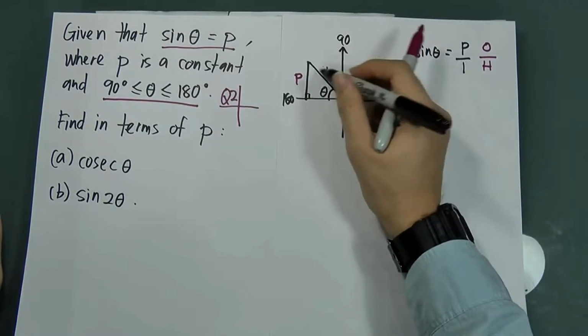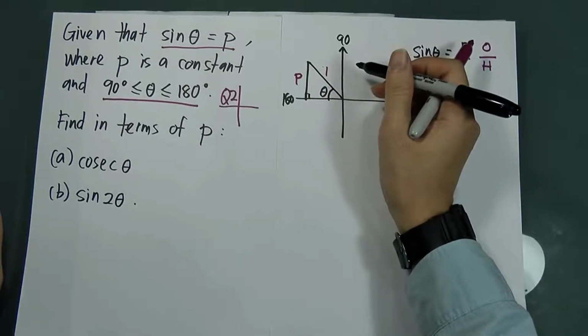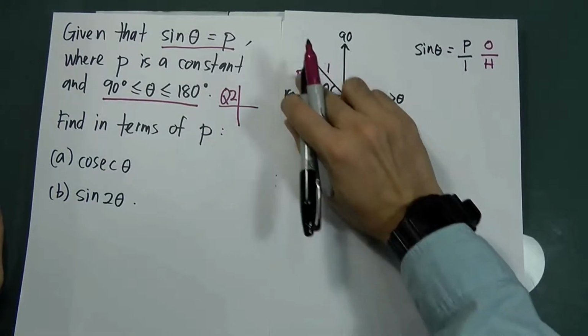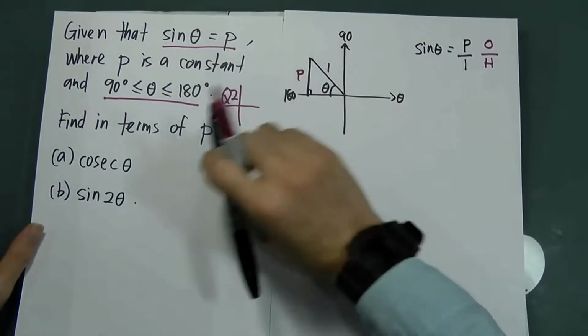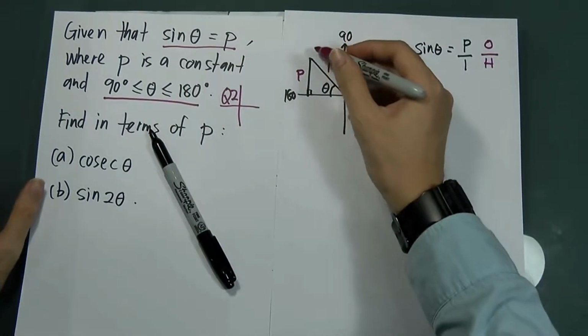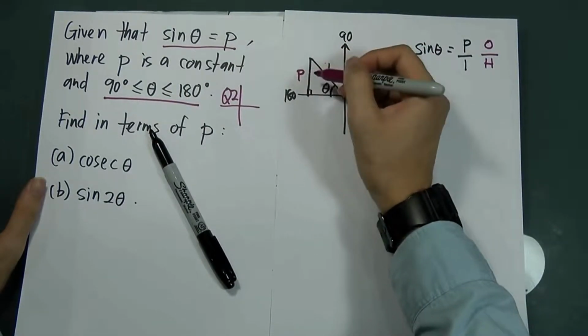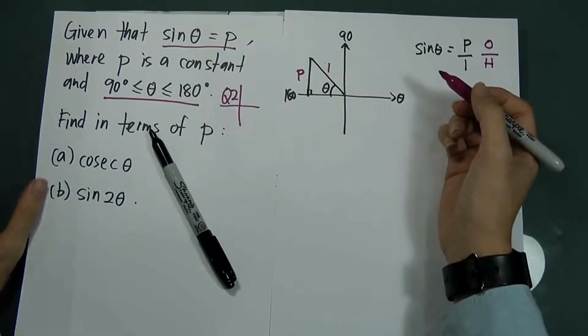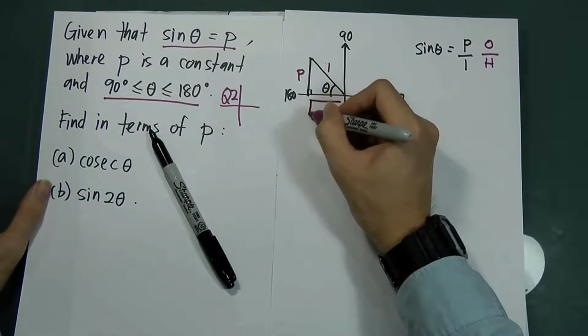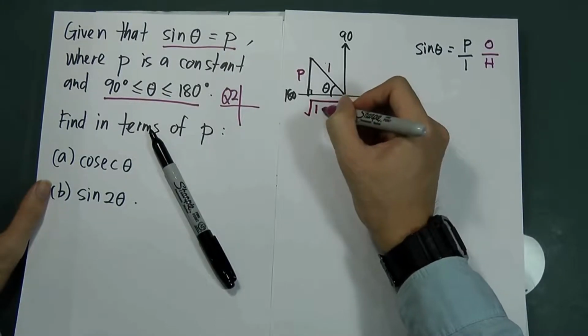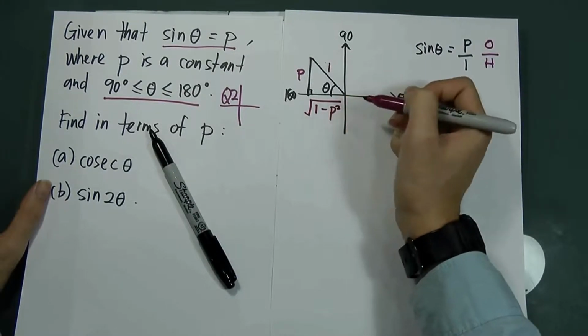Since this is a right triangle, we learned about Pythagoras, right? A square plus B square equals C square. So what is the length over here? It will be the longest one squared minus P squared, and then square root the whole thing. I hope you understand how to get this: the square root of 1 squared minus P squared.